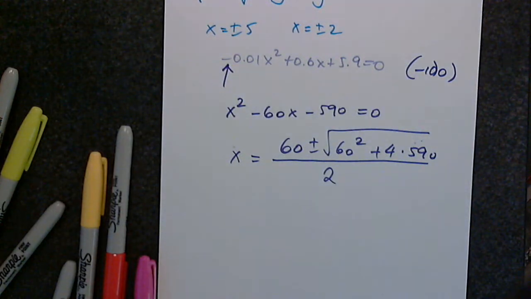So I got one answer. In order to get the other one, you don't have to type it in again. Just press second and entry, and go back and overwrite the plus with a negative. So that's how I get the two solutions.